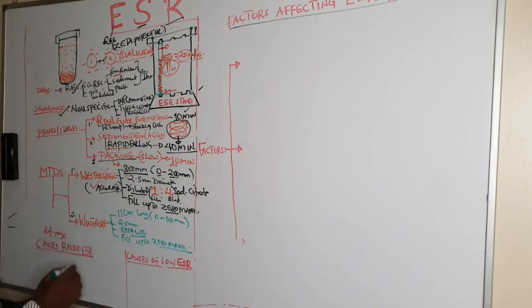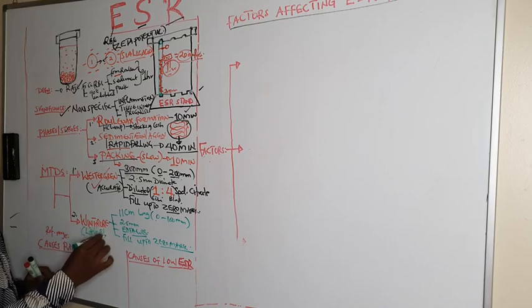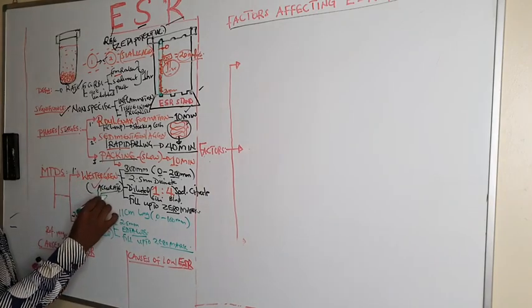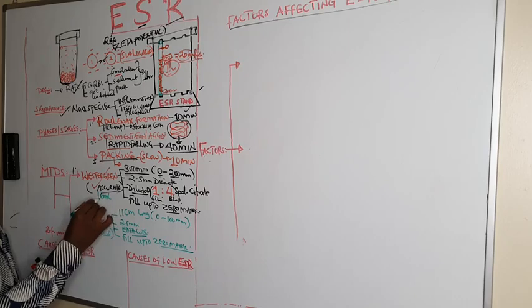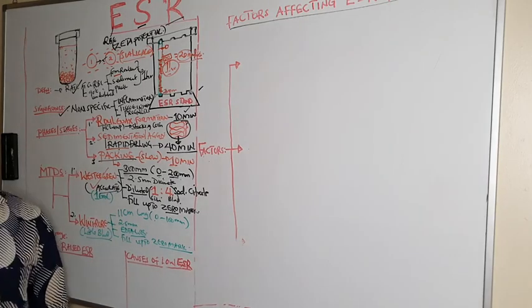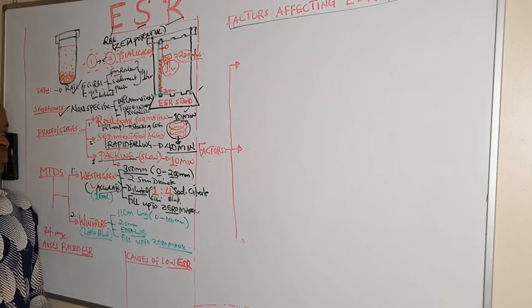One of its advantages is that this one needs little blood compared to Westergren. Westergren requires 1 ml of blood, whereas this one requires less than 1 ml of blood. Westergren requires dilution, whereas here there is no dilution with sodium citrate.